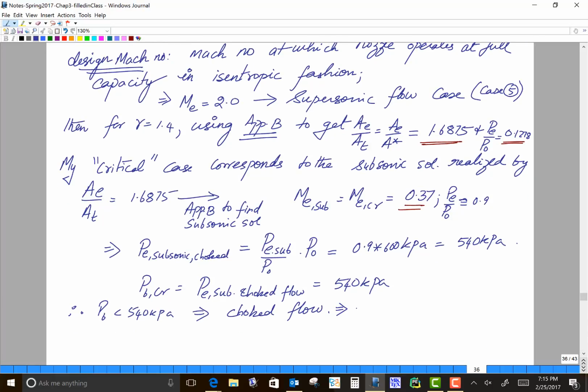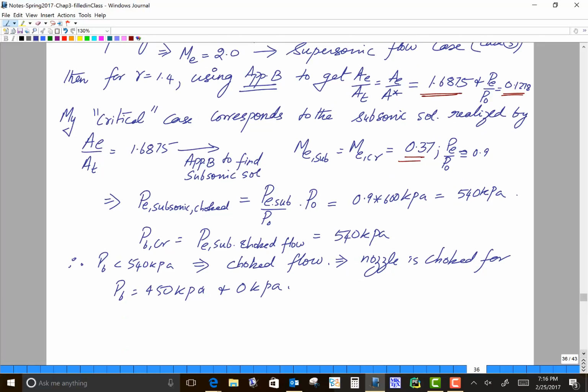Which implies that the nozzle is choked for PB equals 450 kilopascal and 0 kilopascal, and that's what we are realizing. So now I know that the flow is choked for both the case where PB is 450 kilopascal and 0 kilopascal, which means, what is part 2 of the question?